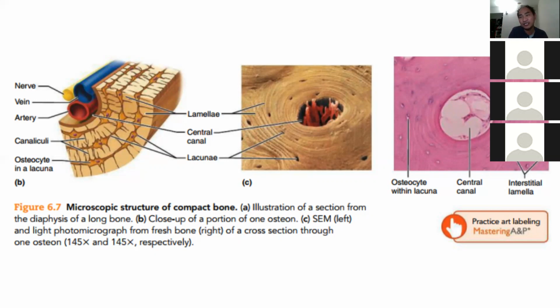Therefore, you can see osteocytes here in the lacunae. And these little fibers, running like a sun-like radiation, are called canaliculi. Okay.